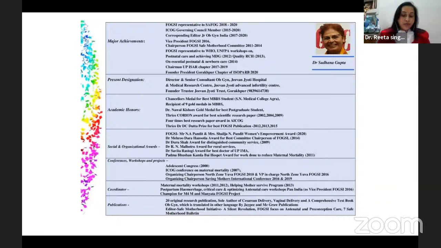She has also contributed a lot for the Foxy. Presently, she is Foxy representative to Suffolk, ICOG Governing Council member, corresponding editor of Journal of Gynae India. She has been Vice President Foxy 2016, Chairperson Foxy Safe Motherhood Committee 2011 to 14.